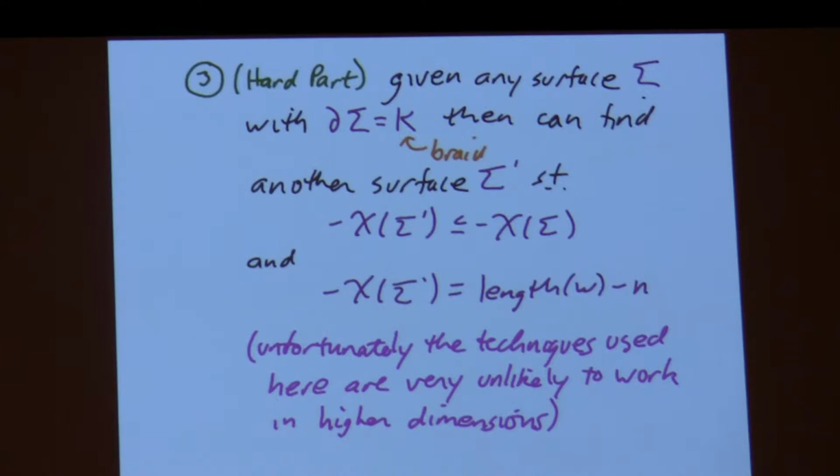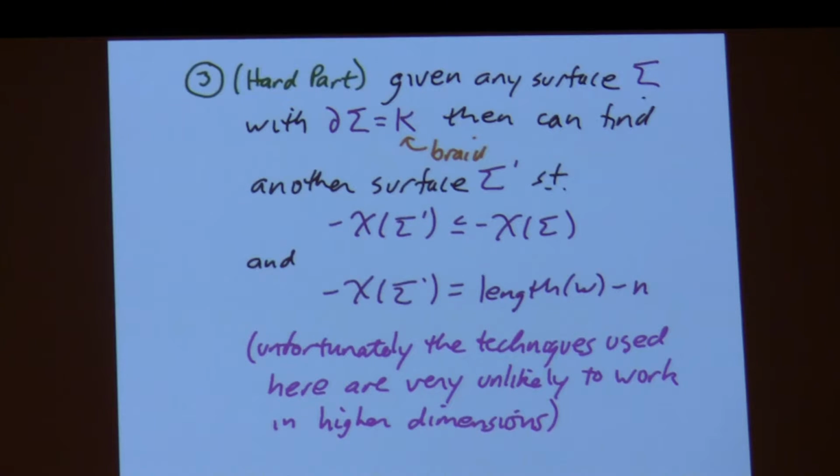And that's actually very easy, because if you have a braid, for each strand you take a disk, and for each crossing you put in a little twisted one handle. So it's really easy to see that given a braid, you can create a surface with Euler characteristic that.